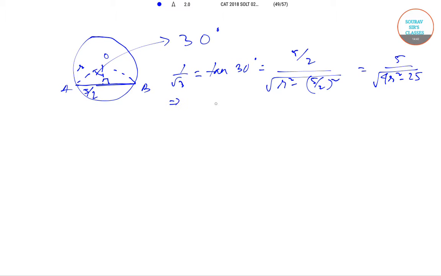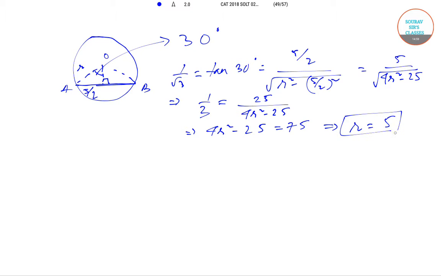Now if we square it, this will give us 1 by 3 equal to 25 by 4r square minus 25. So 4r square minus 25 will be equal to 75, and ultimately we'll end up with the value of r equal to 5. So the radius of the circle here is equal to 5 centimeter.